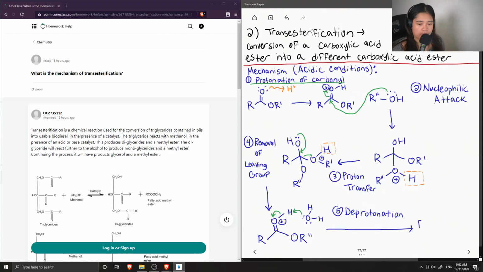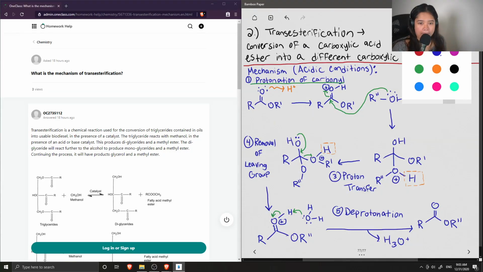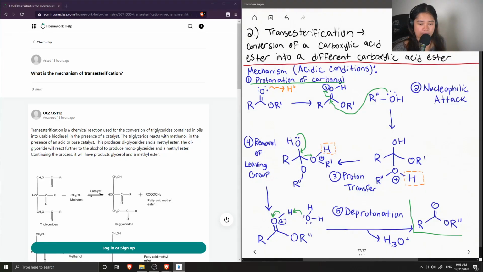And then this leaves us with a new carboxylic acid ester and H3O plus was formed in the process. And let me just box out the new ester.